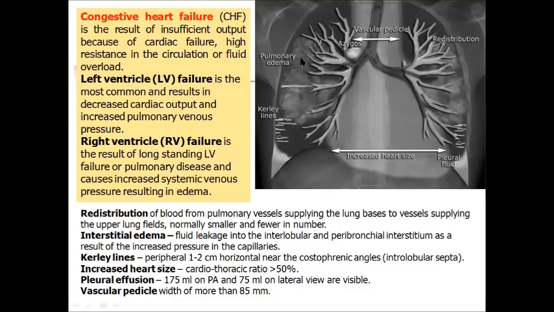Interstitial edema is the result of fluid leakage to the interlobular and peribronchial interstitium as a result of increased pressure in the capillaries. Curly lines are small, about 1 or 2 centimeter horizontal lines near costophrenic angles.